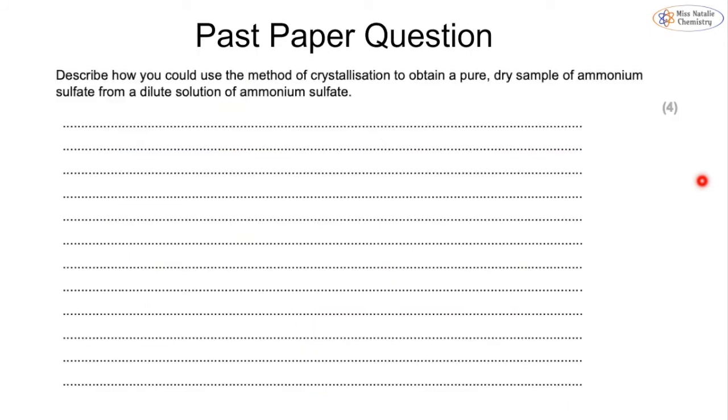So let's have a look at a past paper question. So for 4 marks, describe how you would use the method of crystallization to obtain a pure dry sample of ammonium sulfate from a dilute solution of ammonium sulfate. Okay, so we've done our titration and we have formed our solution, and now we want to get the crystals.